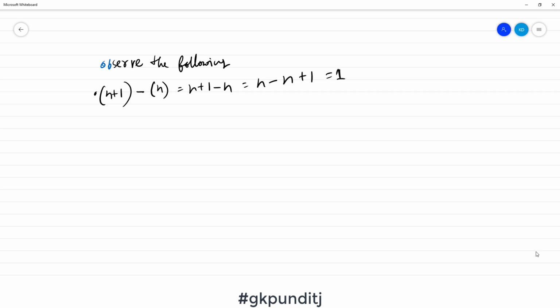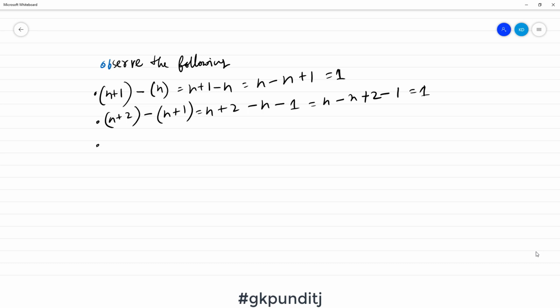That's an observation, and n plus 2 minus (n plus 1) is equal to n plus 2 minus n minus 1, which is equal to 1.